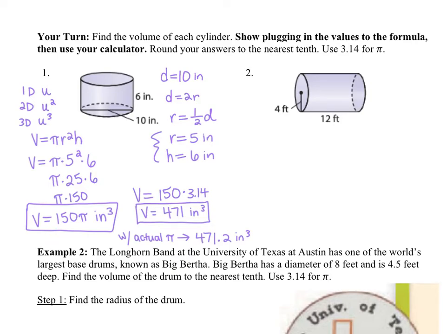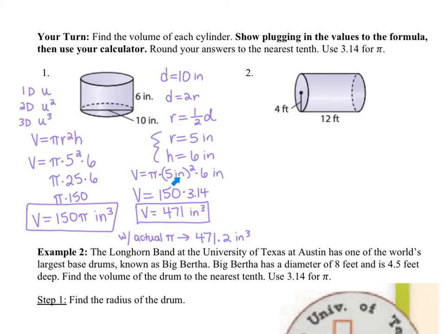Real quick, I just want to show you why the label is inches cubed here. If you actually put in the labels, where you plugged it in, V equals pi times 5 inches squared times 6 inches, look what you have here.